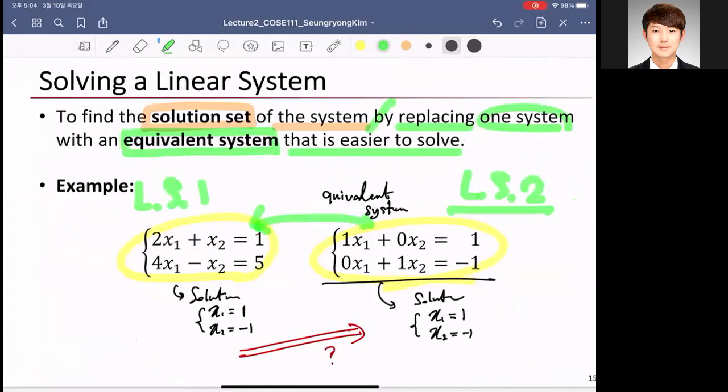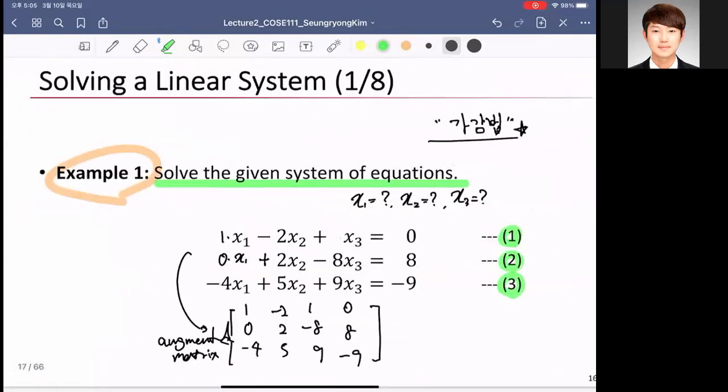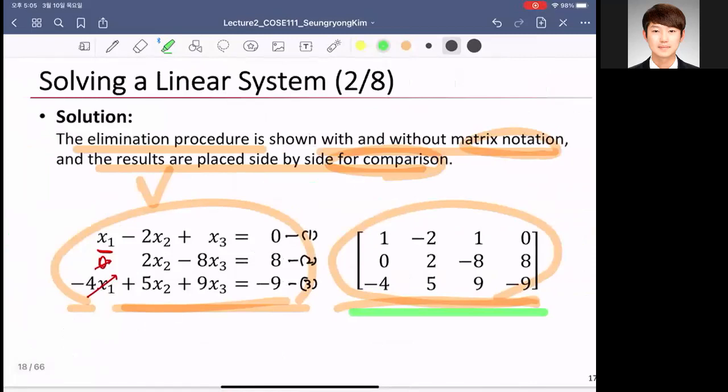To find the solution, our strategy is to replace one system with an equivalent system that is easier to solve, right? So we saw a very simple example: solving a given system of equations with the 가감법 in Korean. So what was our strategy? Just remaining one variable per each row, each column here, right?